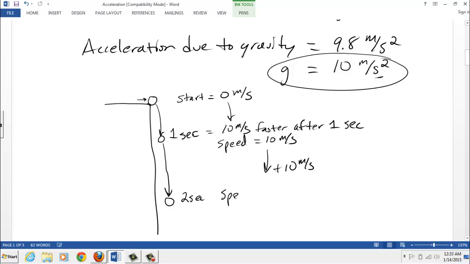So now the speed is 10 plus 10, 20 meters per second. Keep doing that: for every second, add another 10 to the speed. And that's acceleration. How fast is the speed changing for every second?